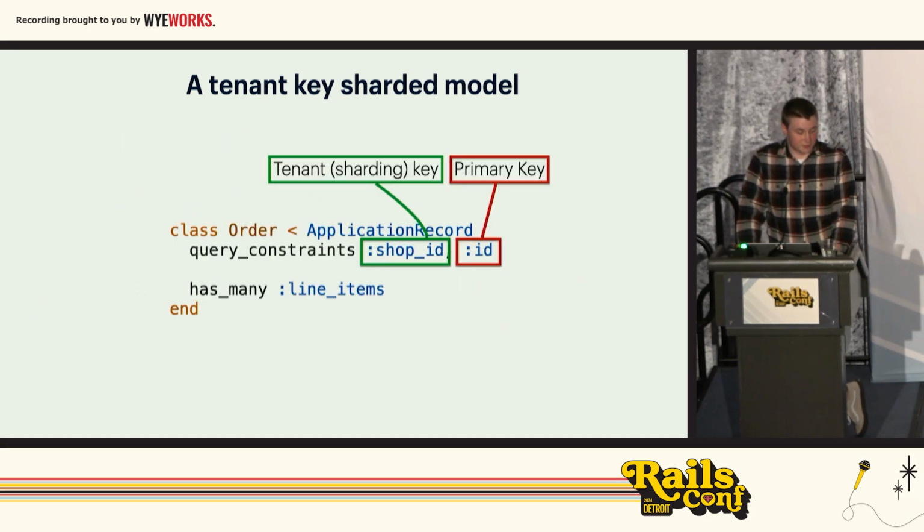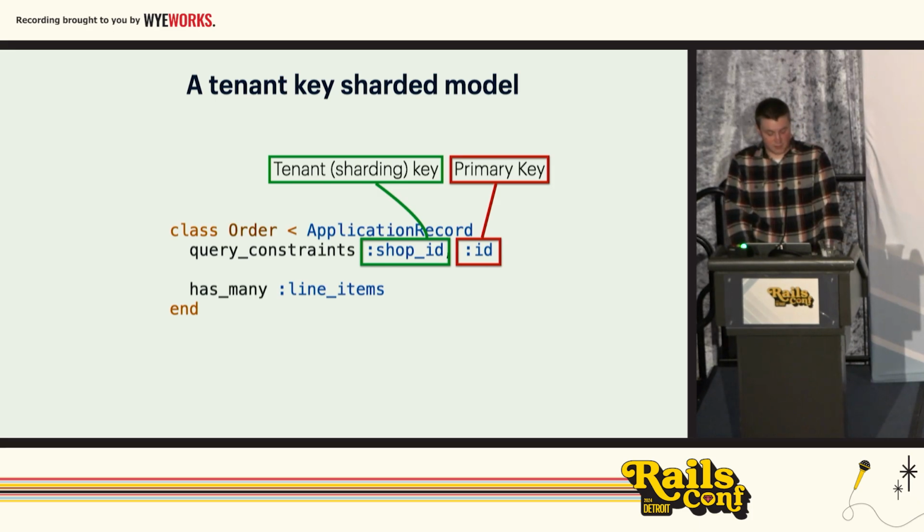You might have noticed we didn't need any special setup apart from the macro on the model. This is because Rails is capable of deriving query constraints on association when the models' query constraints have only two columns, one of which is the primary key of the model and the other one is a tenant key-like column.